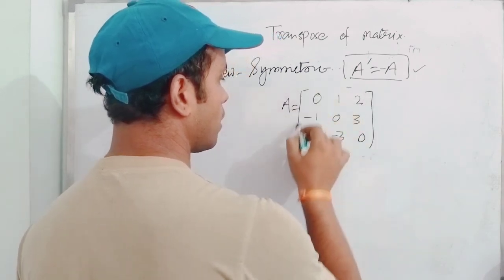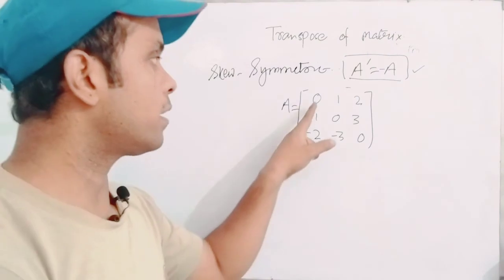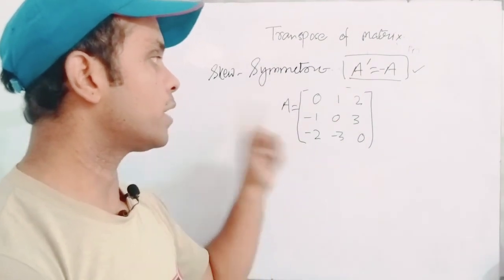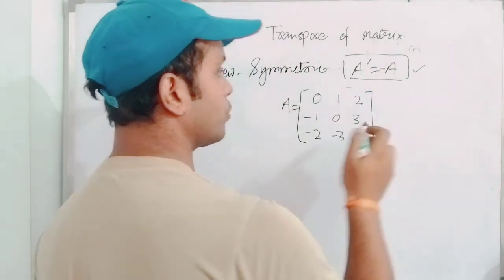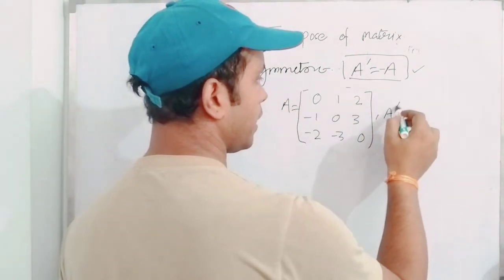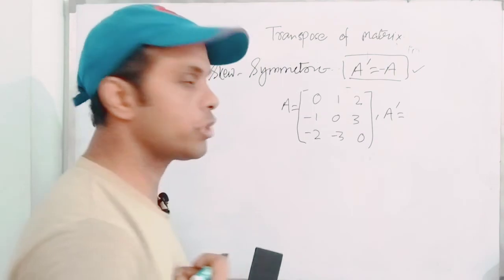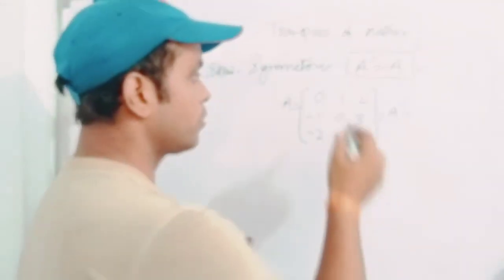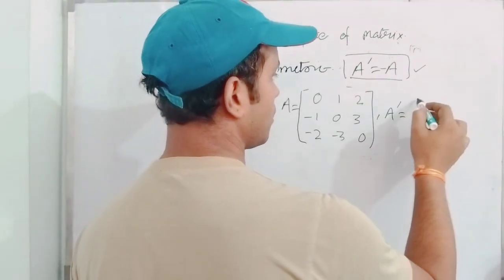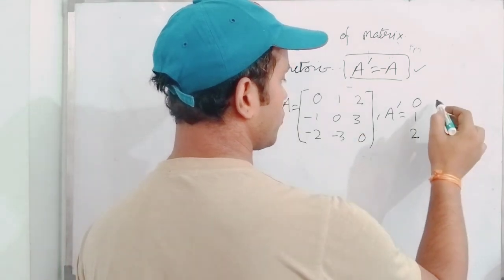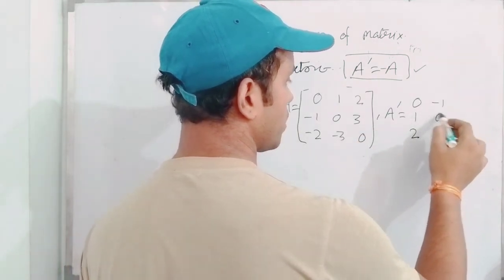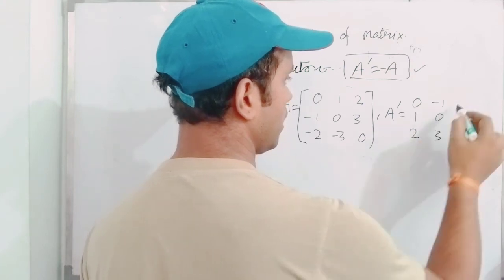So look, as we discussed, diagonal elements are always 0 for a skew-symmetric matrix. Now find its A transpose. If you find A transpose by interchanging rows and columns, R1 becomes C1, then R2 becomes C2, minus 1, 0, 3, and R3 becomes C3.